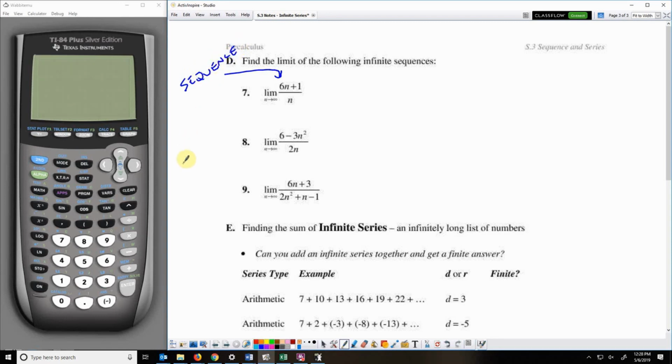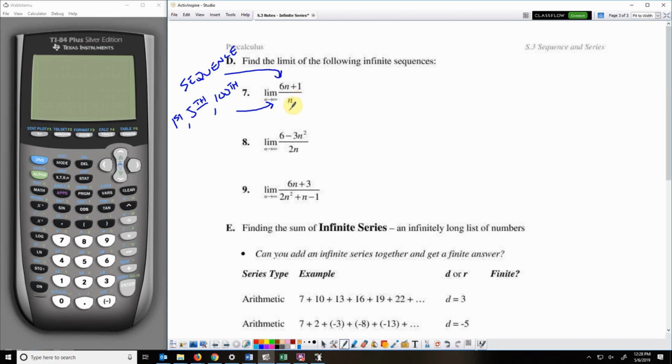Then as n approaches infinity, that means you've got term 1, your first term, your 5th term, your 100th term, your 1,000,000th term, going toward infinity. As we just keep getting one term after another, does the value of this sequence approach some limit?